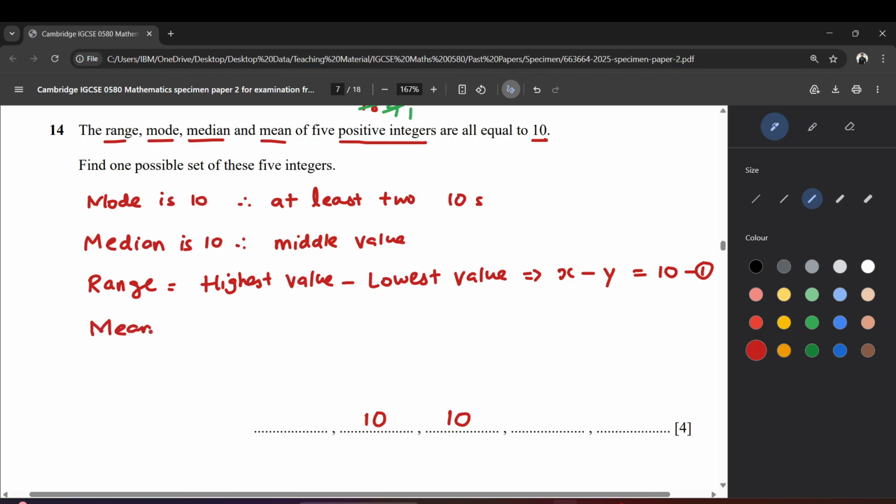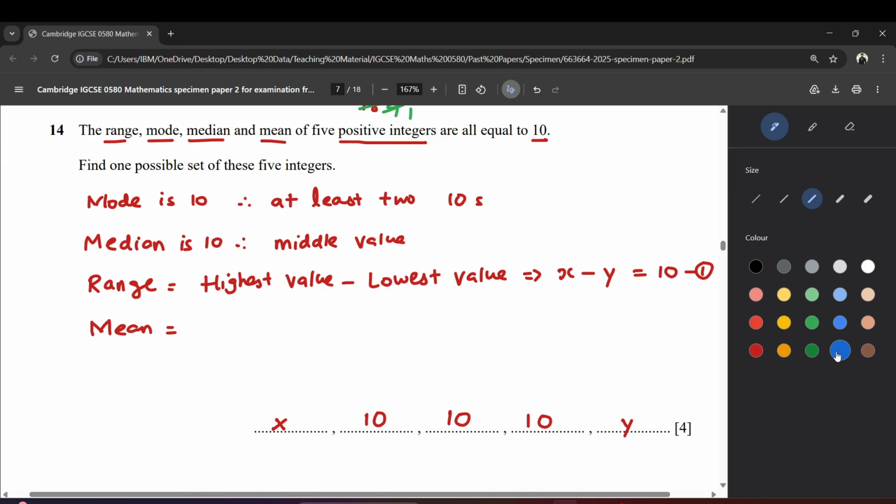Now the mean will be the sum divided by 5. So let's say I know that this is going to be my x and this is going to be my y, because we are missing a third value. We can try one thing: let's say this is also 10. If I assume that this is 10 as well, am I going to get whole number values of x and y?